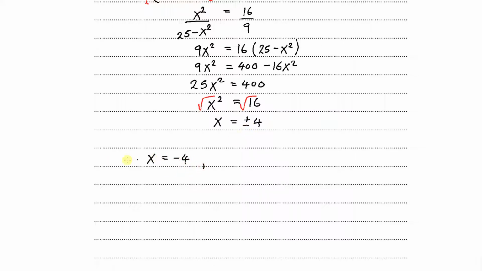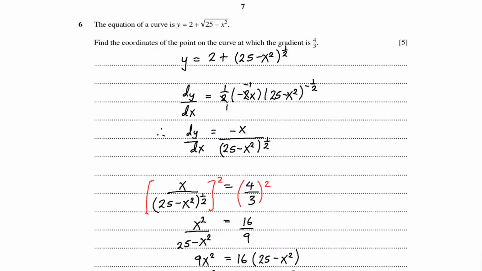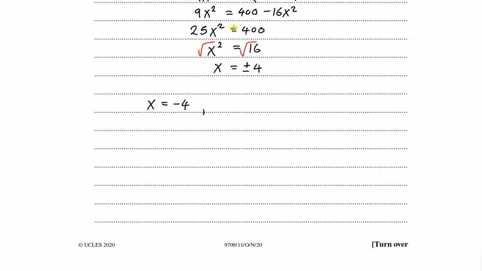So here, if x is equal to minus 4, if I go back to the equation of the curve, I can find the value of y. So we have here this as the equation of the curve. y will come out as 2 plus the square root of 25 minus 4 squared, which is 2 plus the square root of 25 minus 16, and that's 9.